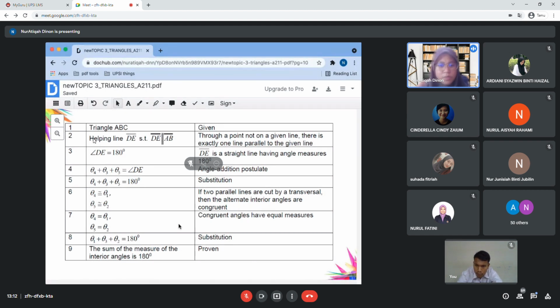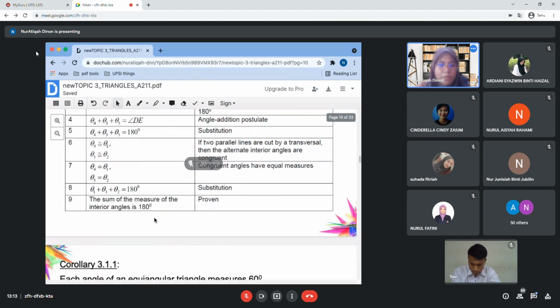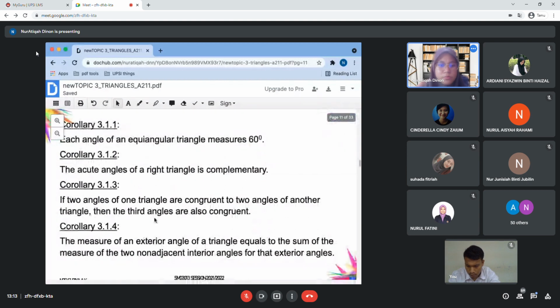I think this proof is quite easy to follow. Then we have all the corollaries, and the corollaries are quite straightforward.